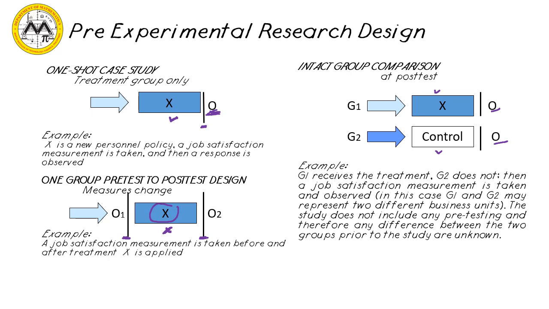It is possible that group 1 is really better than group 2. So this assumes that group 1 and group 2 are homogeneous. However, that is not always the case. So there is a possible loophole in this design.